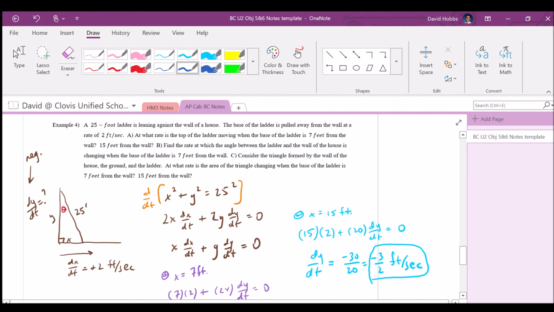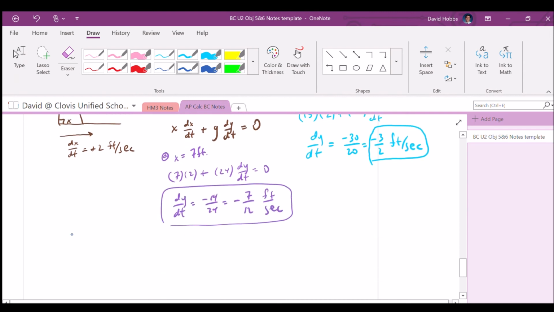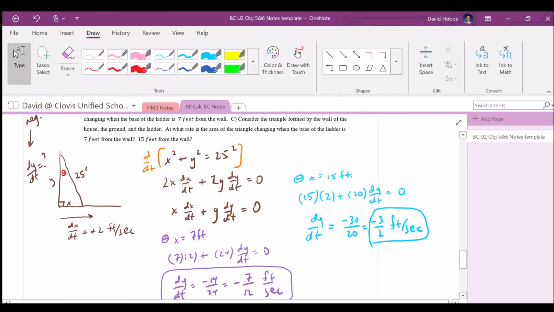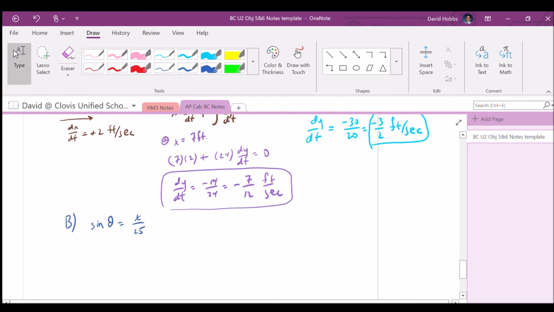I'm going to do sine theta. So sine theta is x over 25. I want d theta/dt, so I'm going to take the derivative of both sides with respect to time.